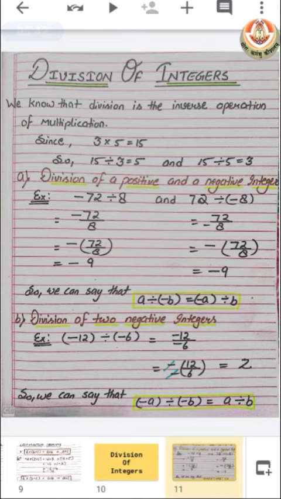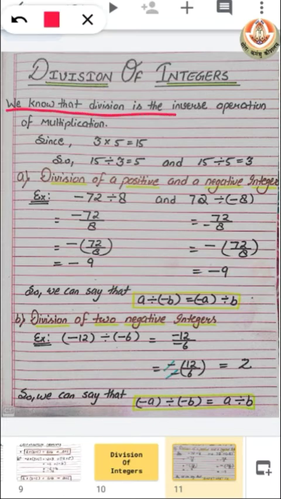Division of integers. Now we all know that division is the inverse operation of multiplication. Now what does this line mean? It means when we multiply two integers, for example, 3 multiplied with 5 gives 15, we can check this operation with its inverse one.